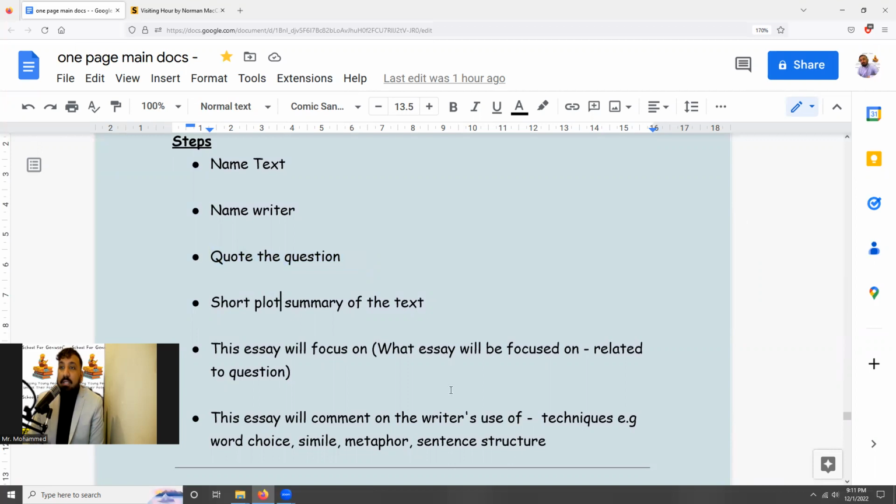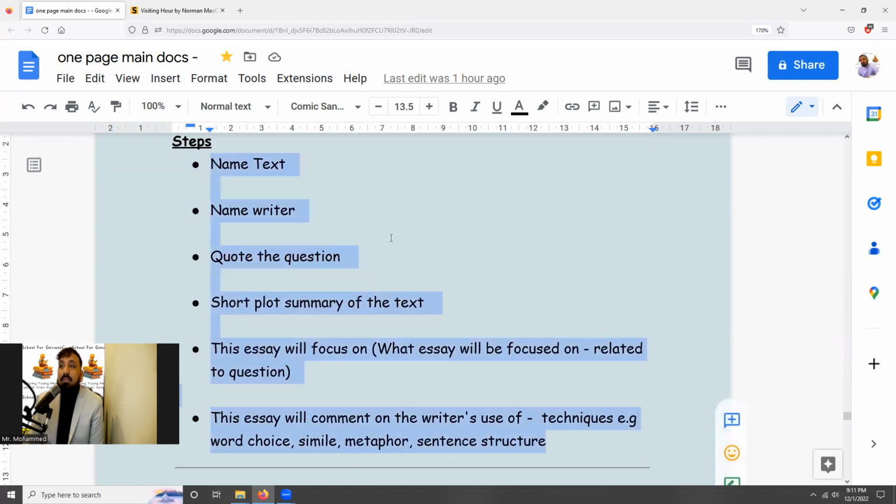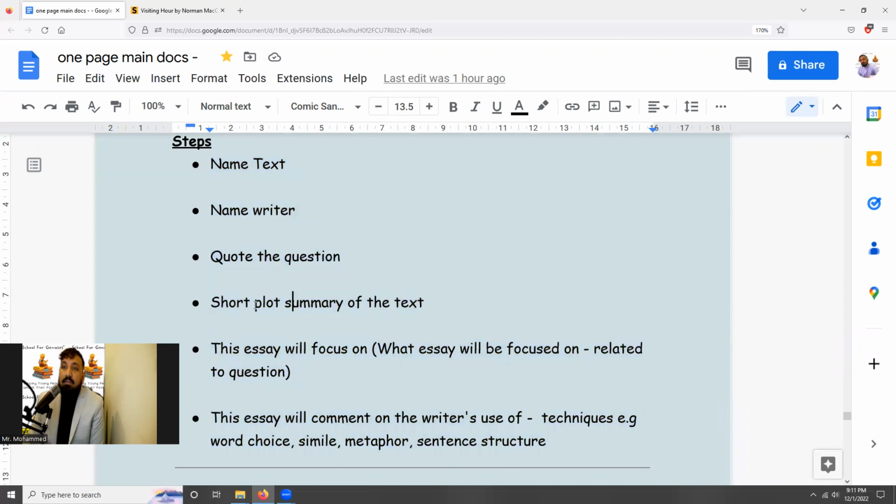Now, the next thing that you do is you give a short summary of the text. So again, if it's Visiting Hour, you just say, in Visiting Hour, the speaker describes his experience of visiting a patient who is not well in hospital and describes their final meeting with that patient. Something like that.